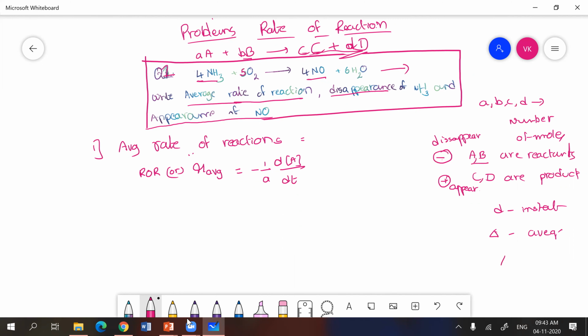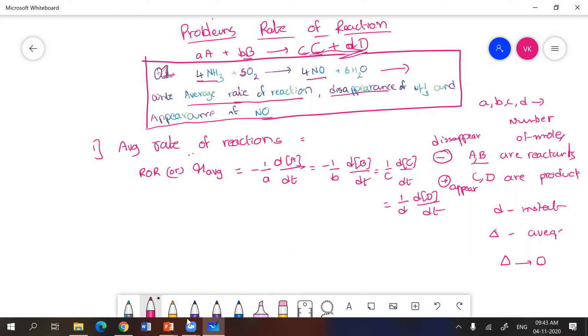For instantaneous rates, the time tends to 0, so the change in concentration is very negligible, and that's why we use very small differential terms. That equals minus 1 over b, change in concentration of B with time, which equals 1 over c, change in the concentration of C, now talking about products, with time, which equals 1 over d, change in the concentration of D with time. This is said to be the rate of reaction.